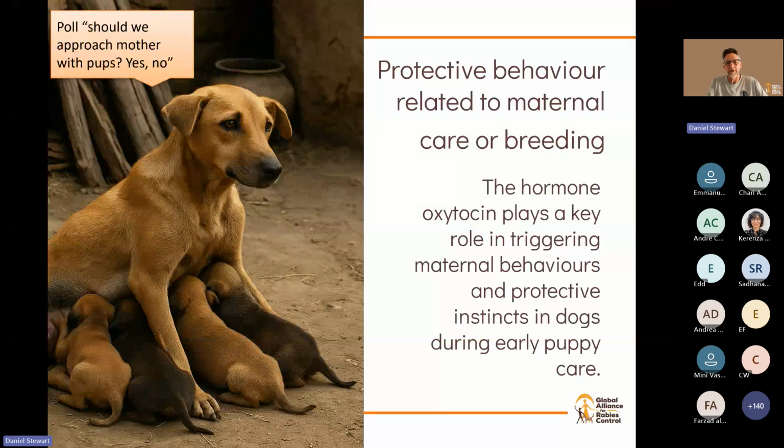So it's not the mother. However, I've just said that. What often happens is that when we have a dog that is breeding frequently, which we often see in free-roaming dogs, she learns, and therefore she retains that knowledge of being protective.